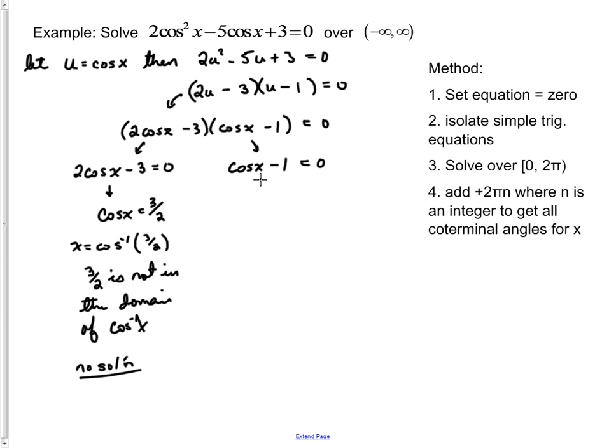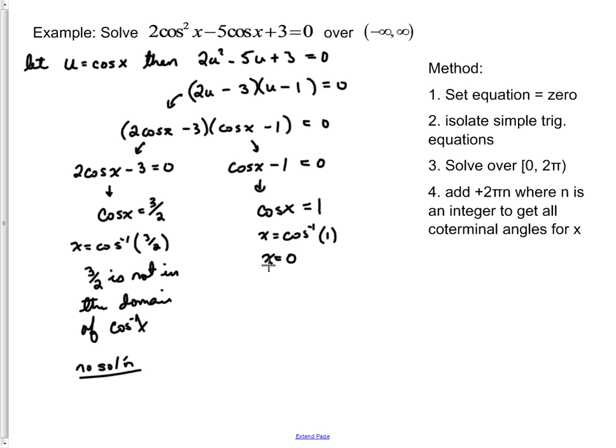How about this one? Can cosine of x minus 1 equal 0? Well, yeah, cosine of x would equal 1. And so we're in essence looking for a quadrantial angle, and we know that when we set x equal to the inverse cosine of 1, we get x equals 0 as one of the solutions.